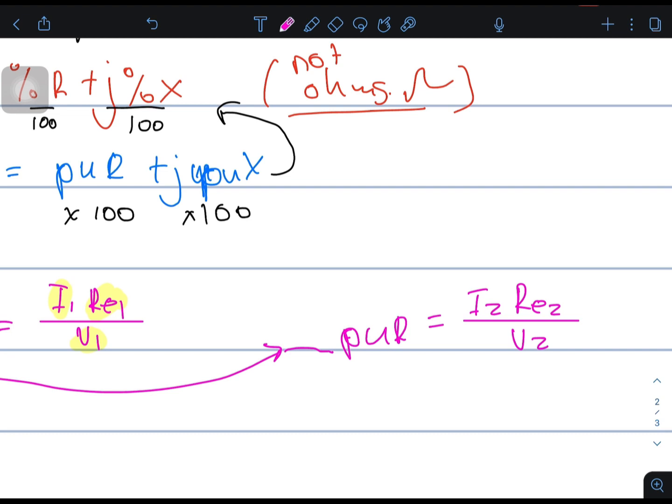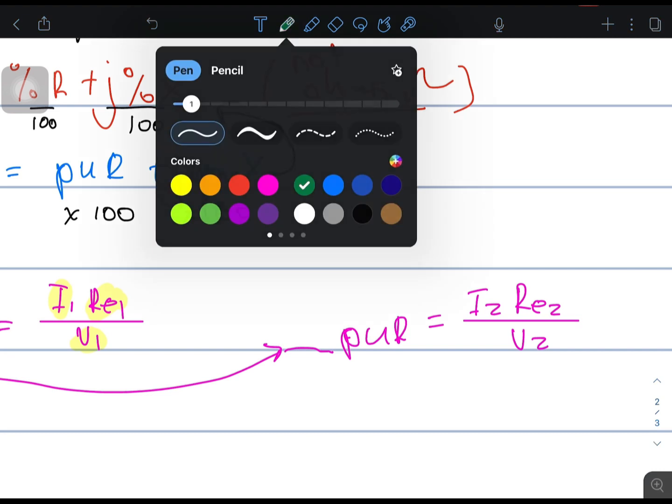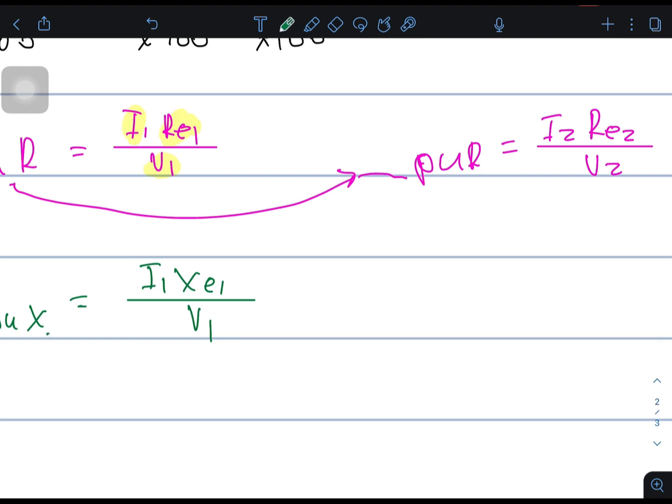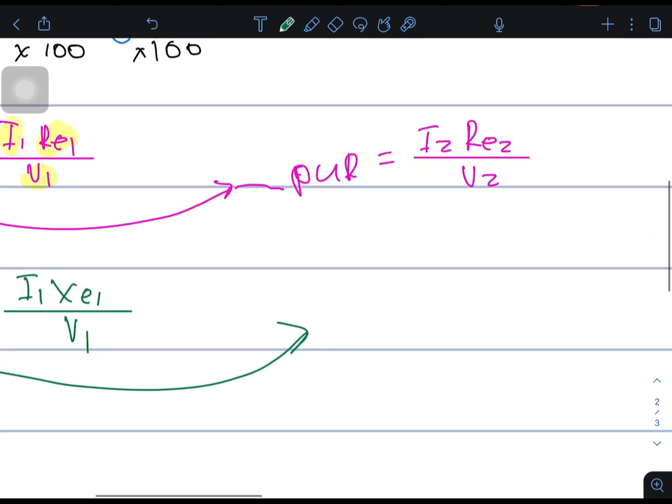Okay, moving on. The same thing goes with per unit value reactance: I1, XE1, V1. And the same thing we can use with the secondary, without worrying.